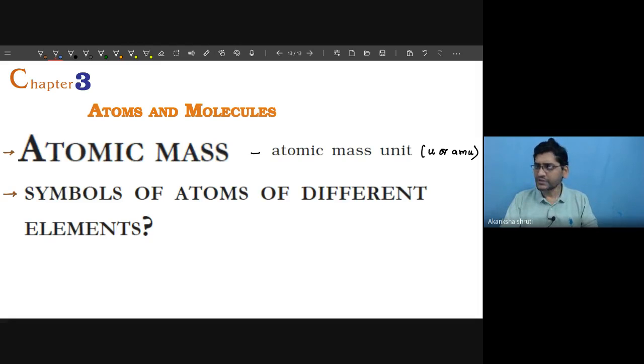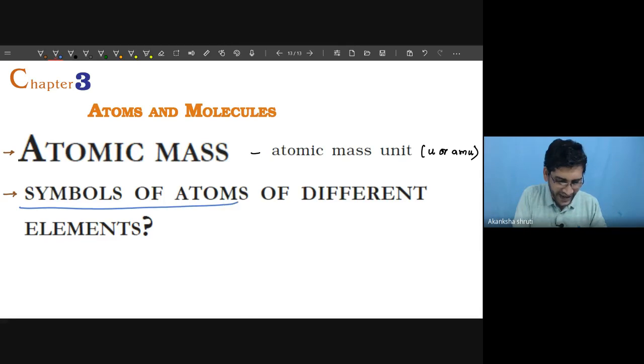we will discuss the representation of an element, how the elements are represented in symbol form. So, students, regarding representation of an element or symbol of an atom: after the discovery of laws of chemical combination, different scientists started representing chemical reactions in different ways.